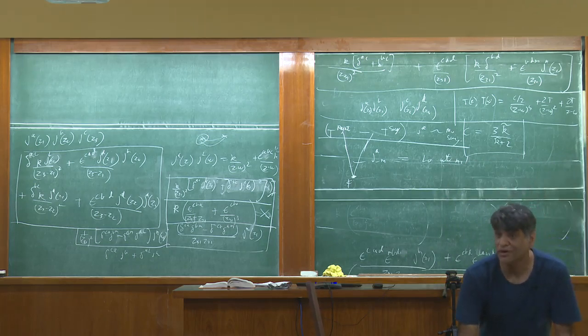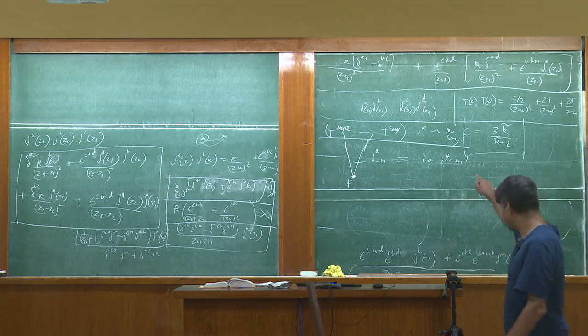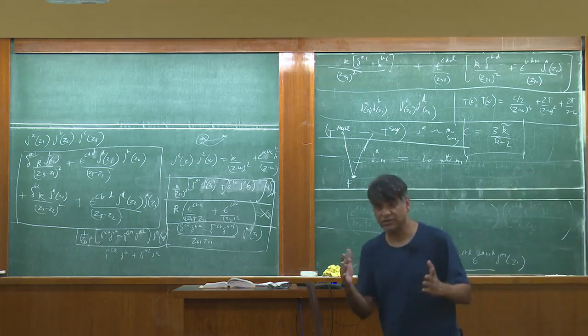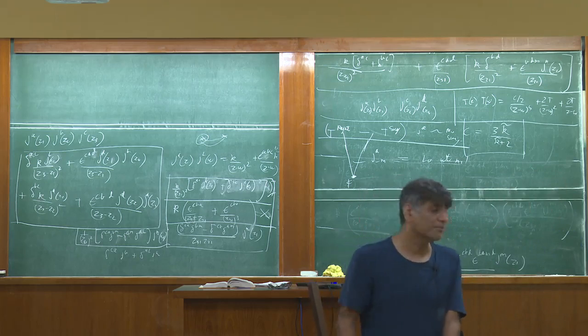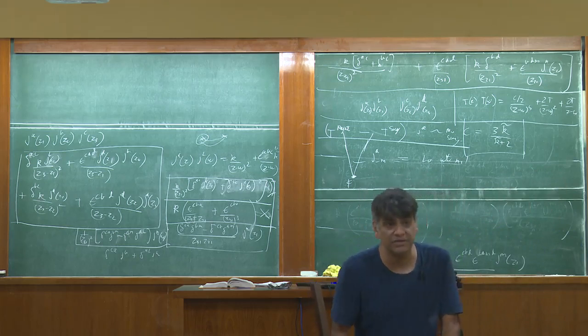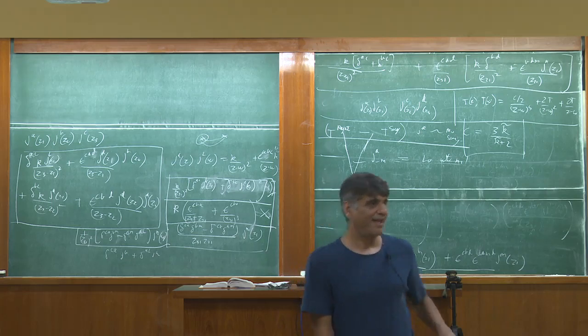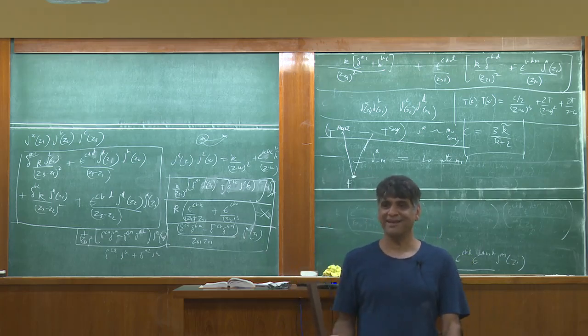But the reverse is not necessarily true. You can easily be a Virasoro primary without being a current algebra primary. And in fact, if you take this module and decompose it into Virasoro representations, you will always find an infinite number of Virasoro representations. Very roughly, you can argue as follows.